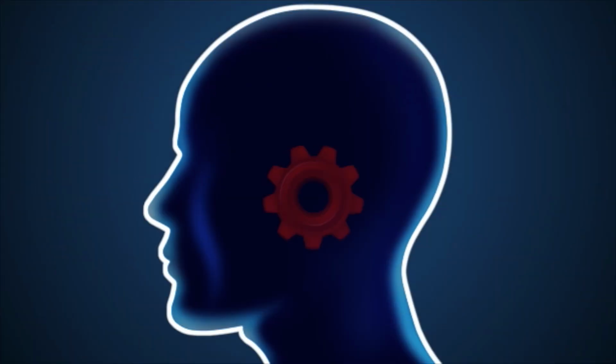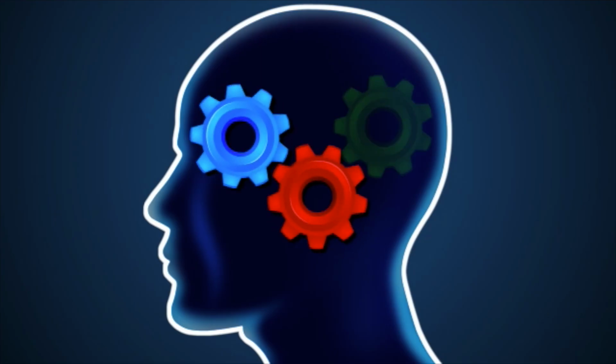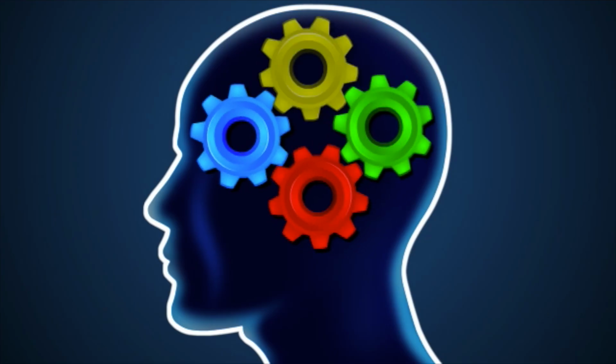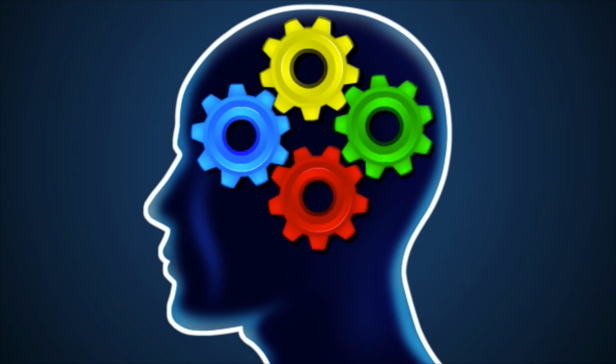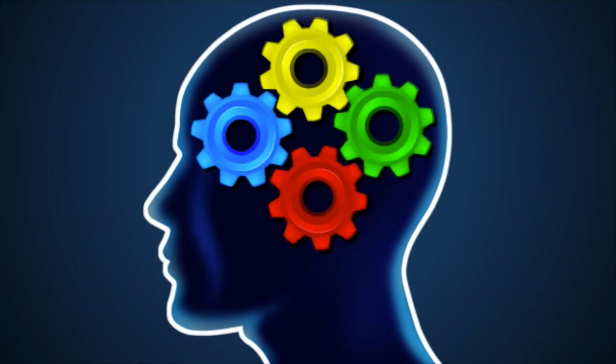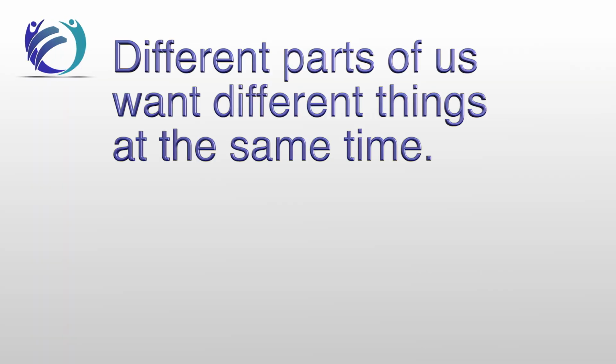The problem becomes when we've got these animal instincts, these childlike emotions, these social rules and expectations, and this logical, rational thinking, all going on at the same time. But sometimes those different parts of us want different things at the same time.